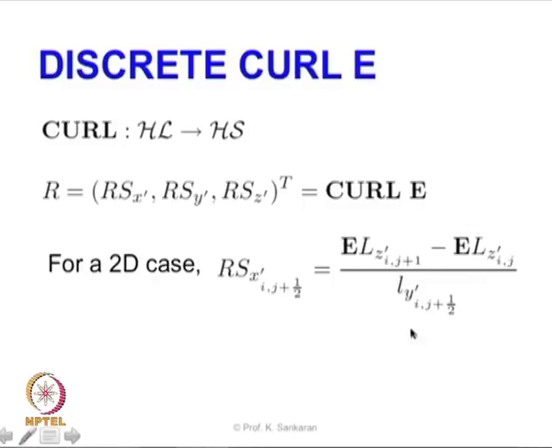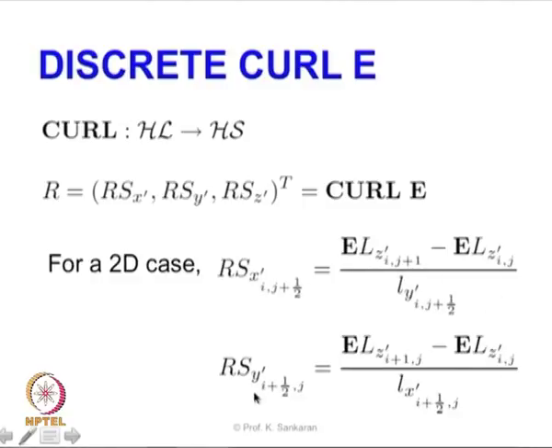This is the component of the curl, and it is very similar to dou Ez divided by dou y. So this is the first component that we are looking into.